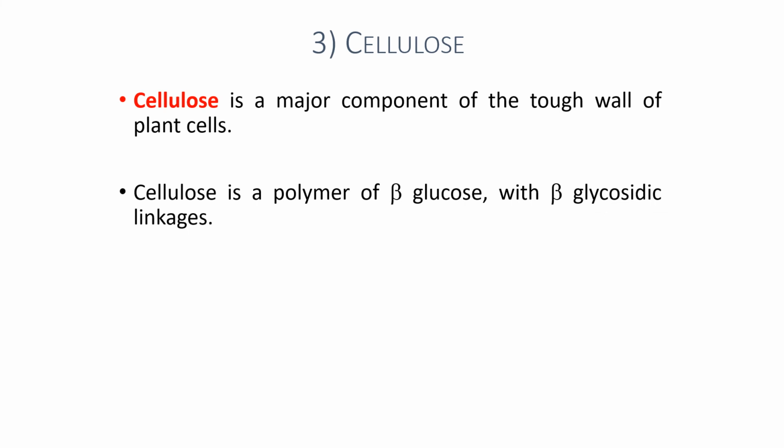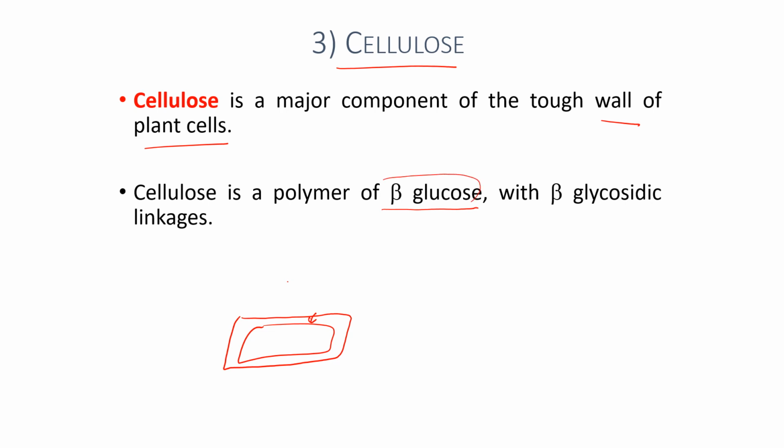The next type of polysaccharide is cellulose. It is the major component of the tough wall of plant cells. So you have a plant cell with the plasma membrane within, and outside it is protected by a cell wall. Cellulose is a polymer of beta glucose, and the beta glucose monomers are linked together by beta glycosidic linkage.